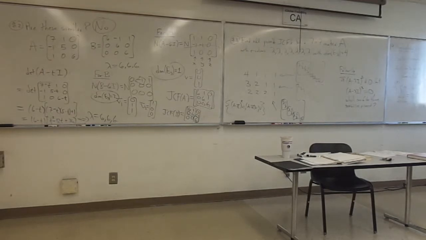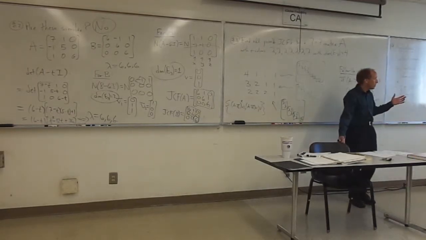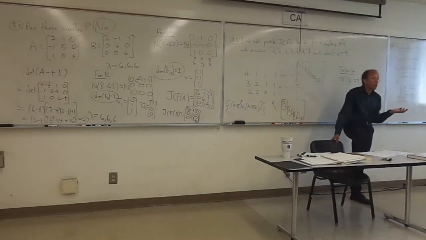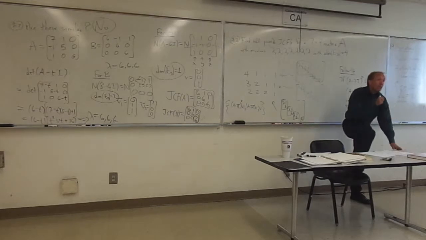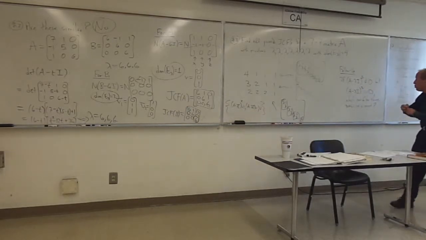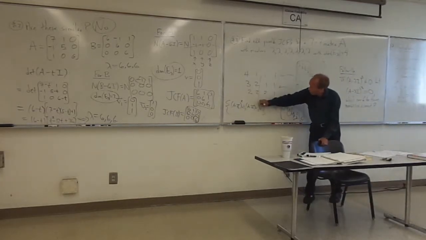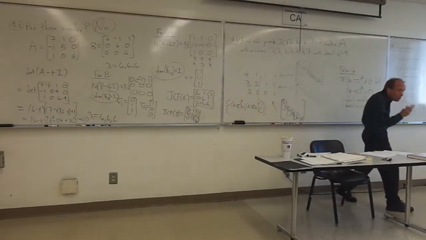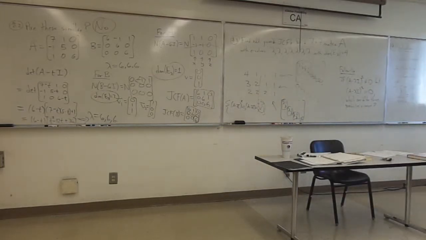Even if almost all of the entries are 0, if there's even one entry that's not 0, you will be able to choose a V that survives that matrix.